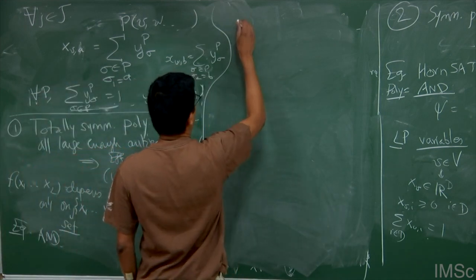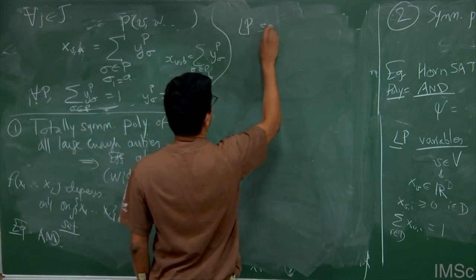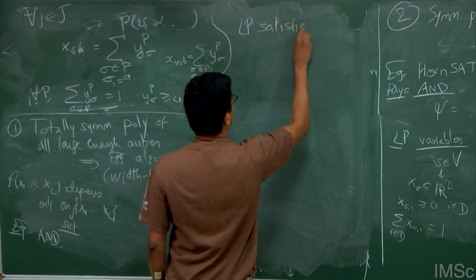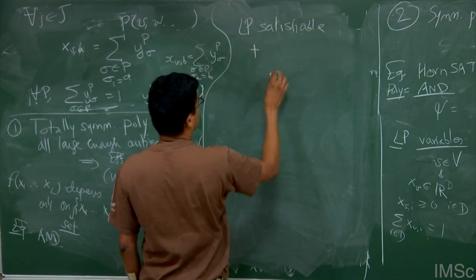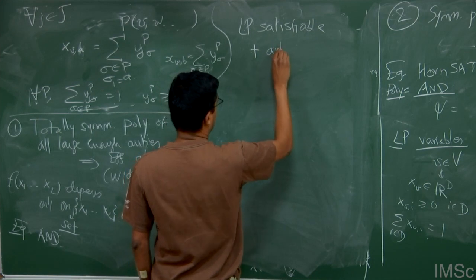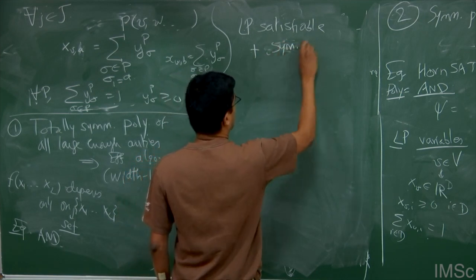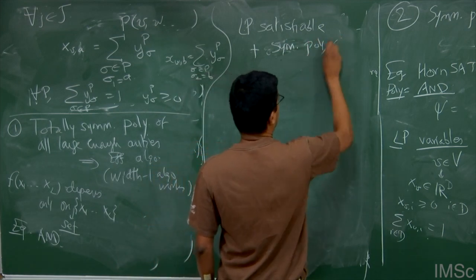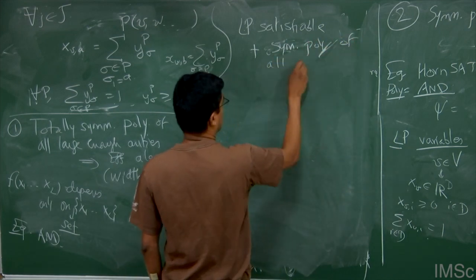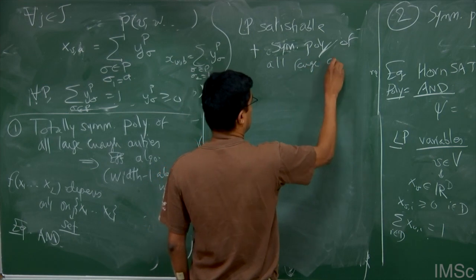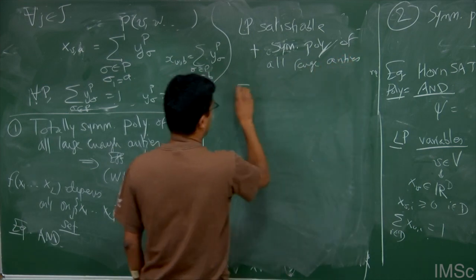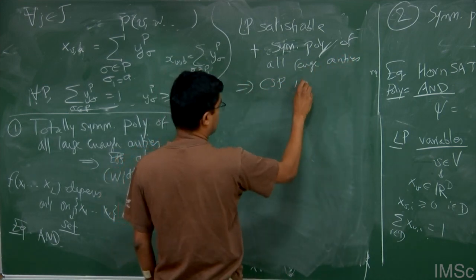So now, what are we trying to prove? LP satisfiable plus symmetric polymorphism of all large arities implies the CSP instance is also satisfiable.